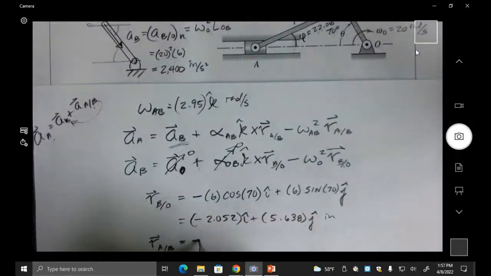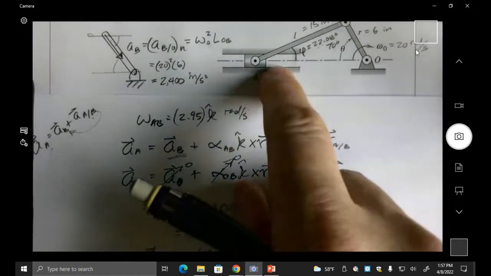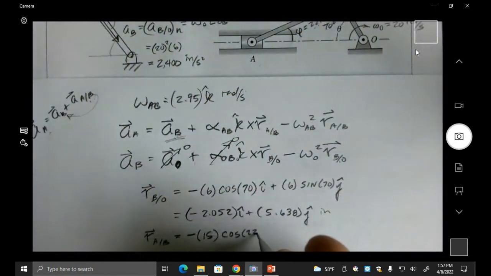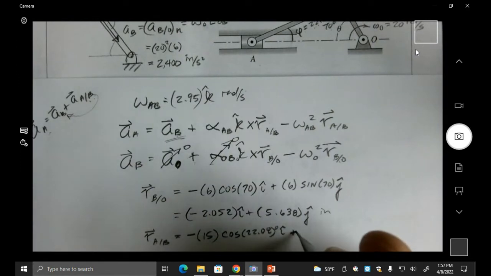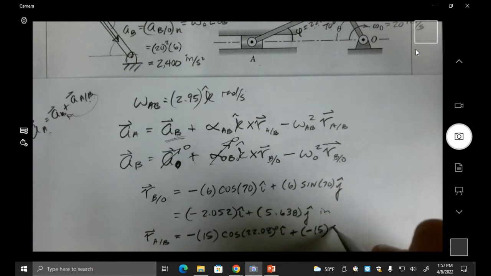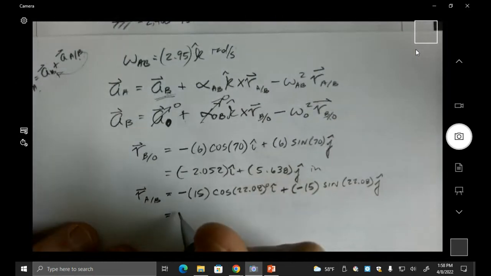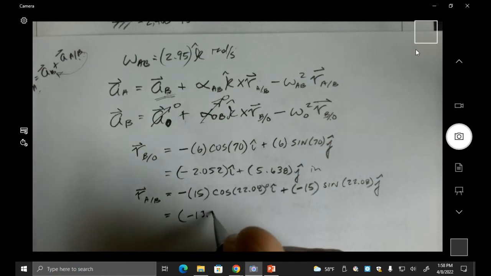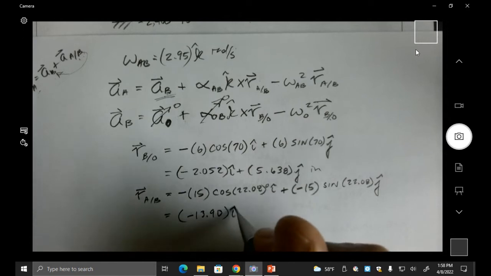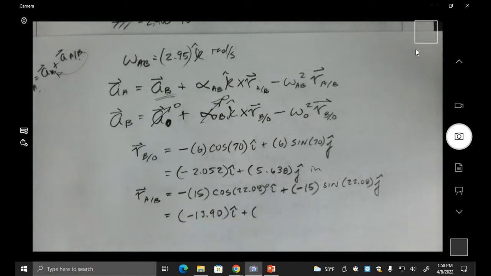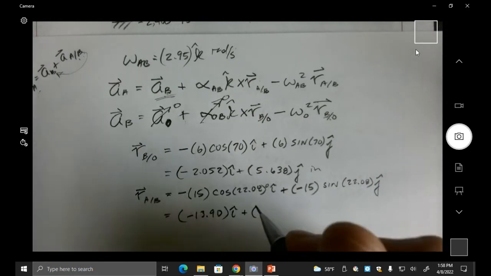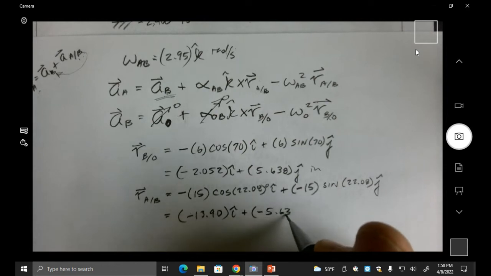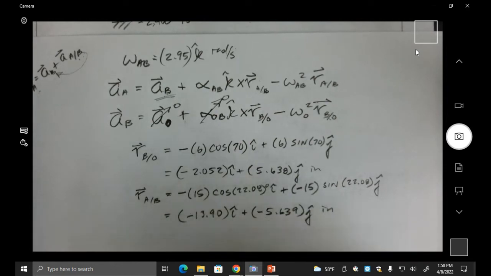So we're going to have a negative 15 cosine of 22.08 I, and then also a negative 15 sine of 22.08 J. So 22.08 cosine 15 times negative 13.9 I, and 22.08 sine times negative 5.639 J inches. Okay.